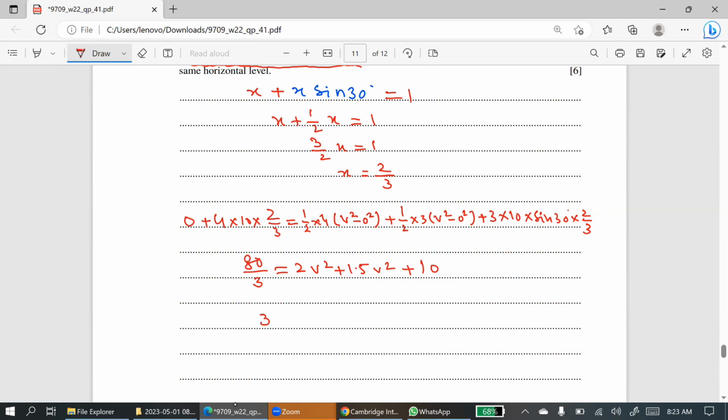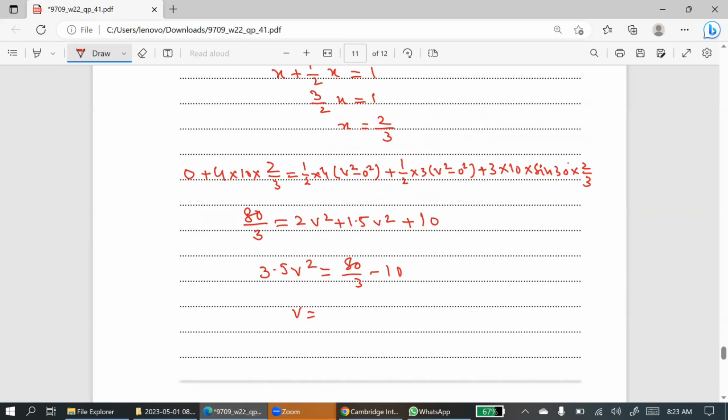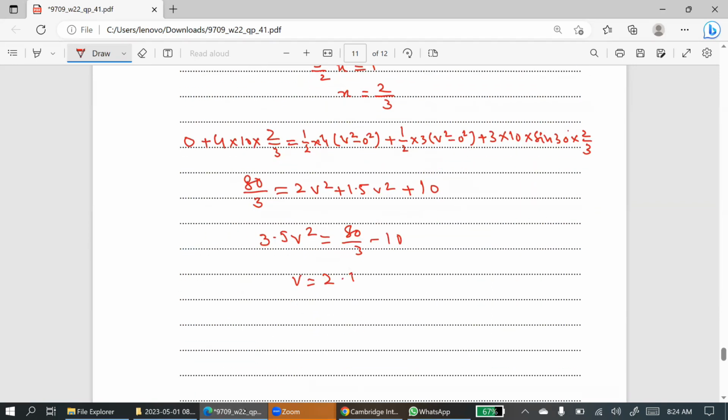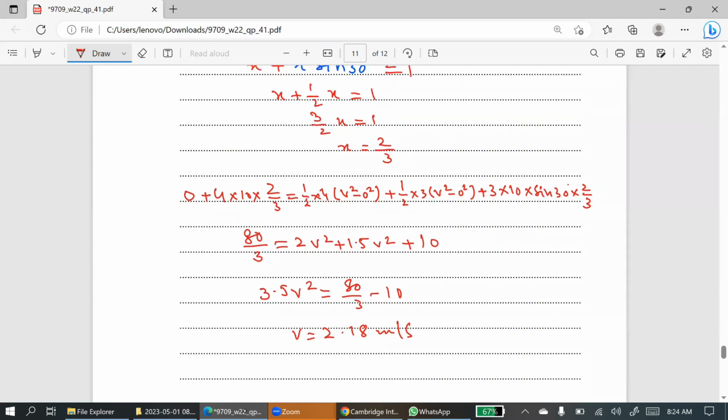So 3.5 v square is equal to 80 over 3 minus 10. V is equal to 2.18 meter per second. This one is the speed of both the particles when they are at the same horizontal level. I will further elaborate this question.